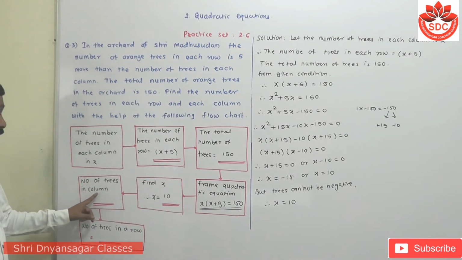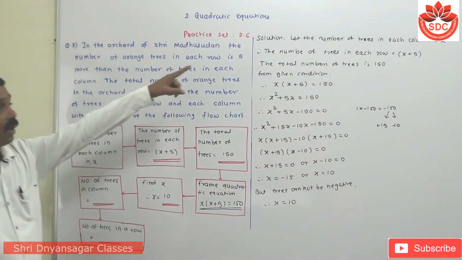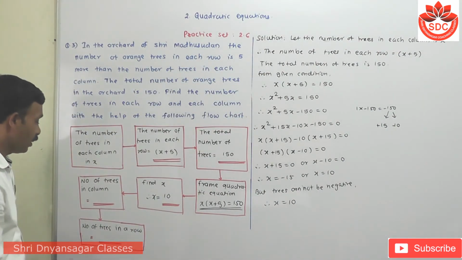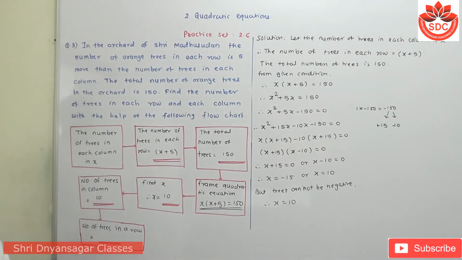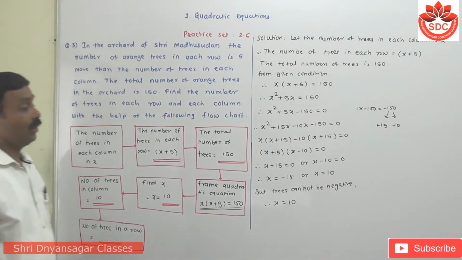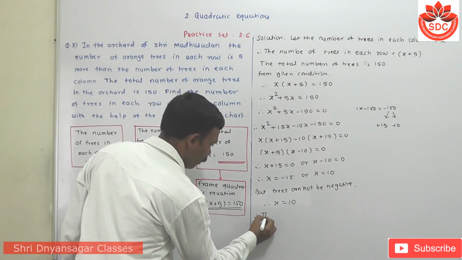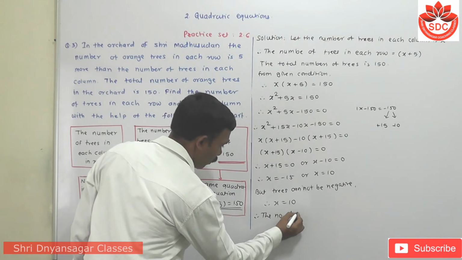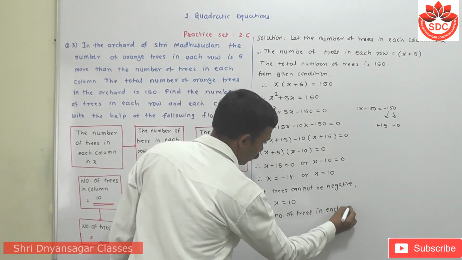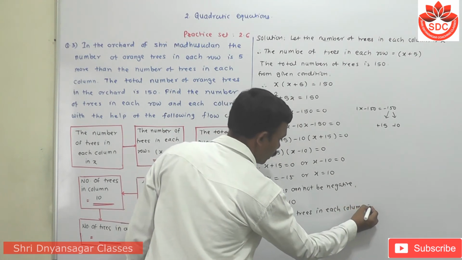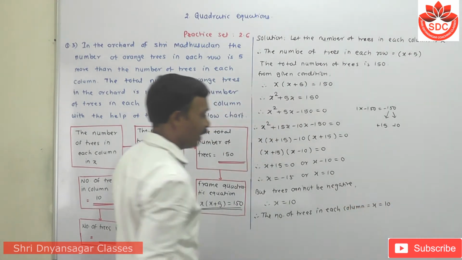The number of trees in a column: here in the column there is x, so the x value becomes how much? 10. Then the number of trees in a row. Therefore the number of trees in each column is equal to x, which is 10.